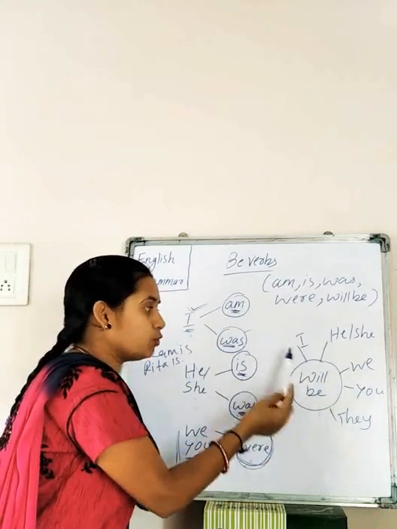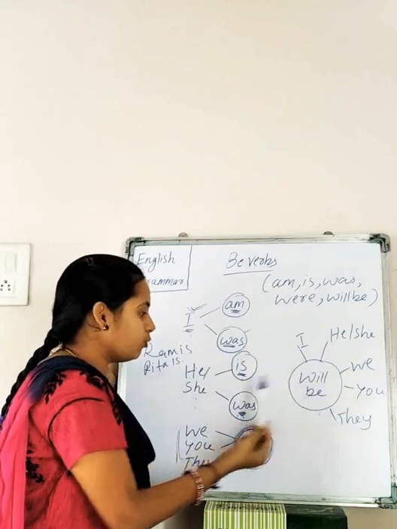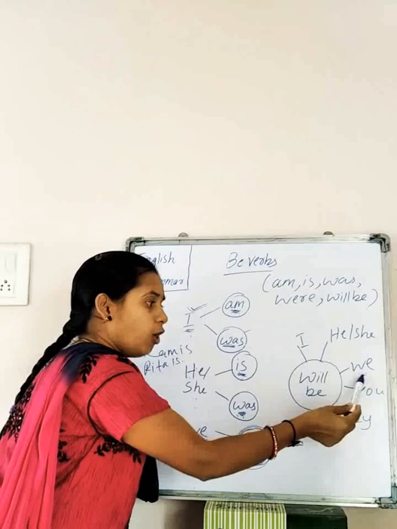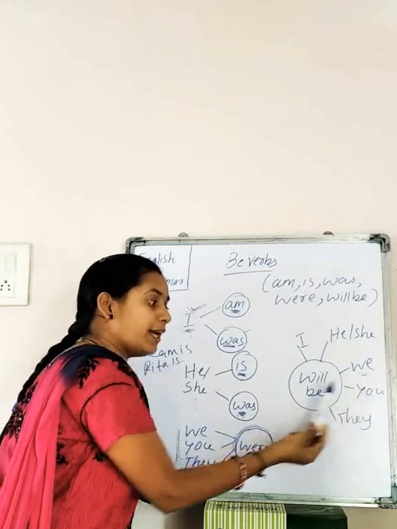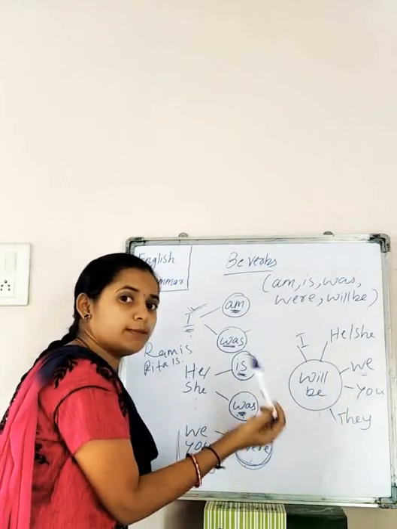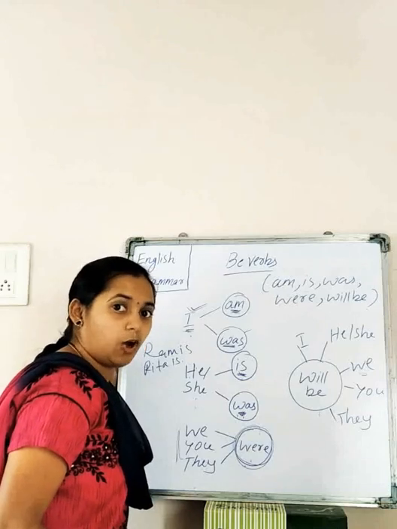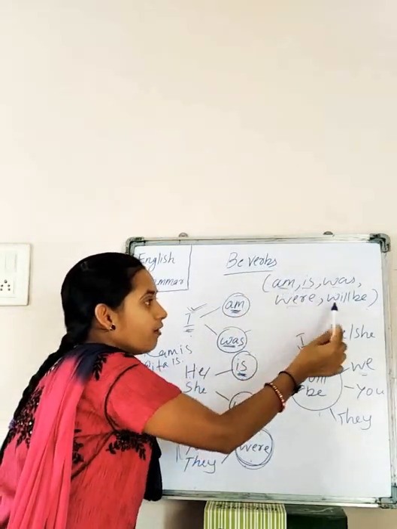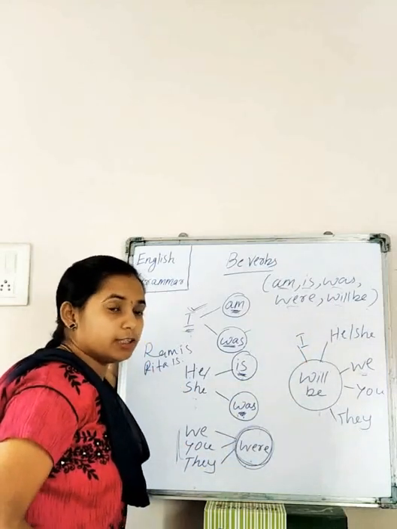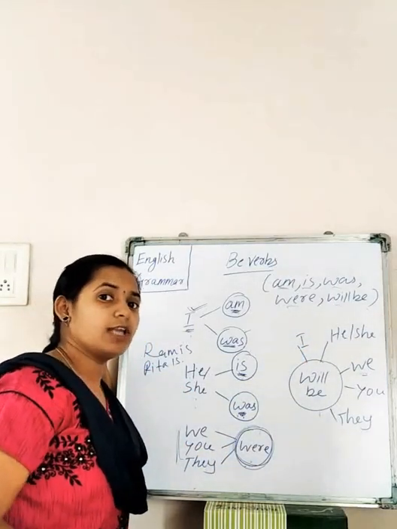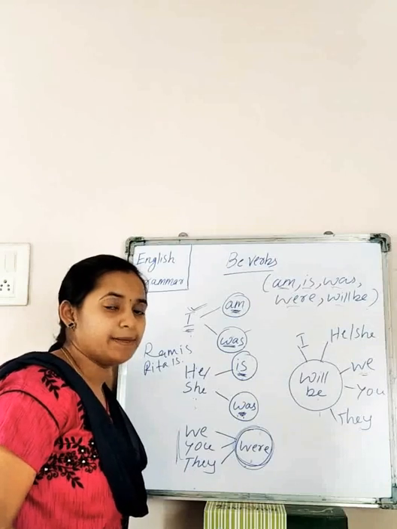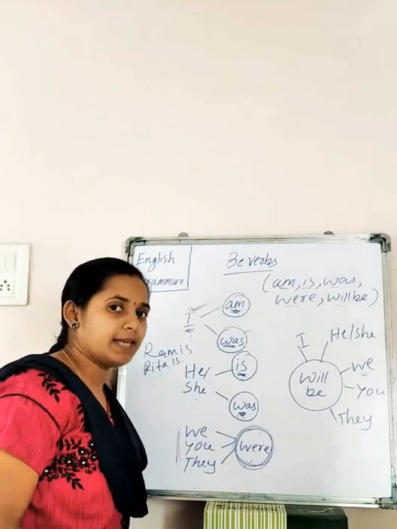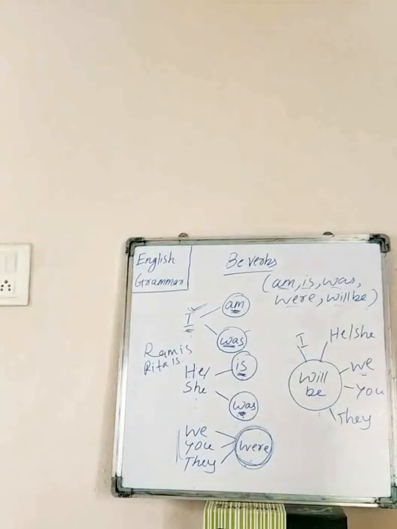Will be can be used with I, with he or she or any person's name, with you, and with they also. Okay, so are you clear about the be forms am, is, was, were, will be, and where we use them? Now let's move on to some examples and find out where these verbs are in the sentence.